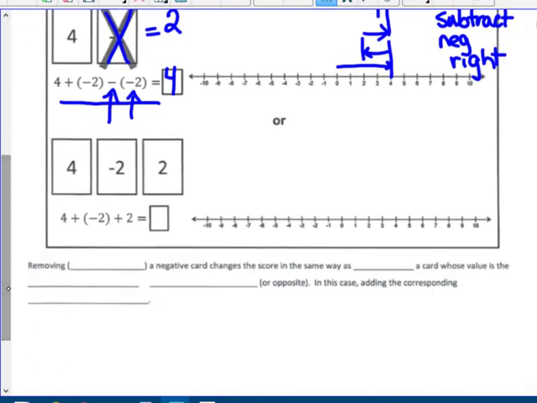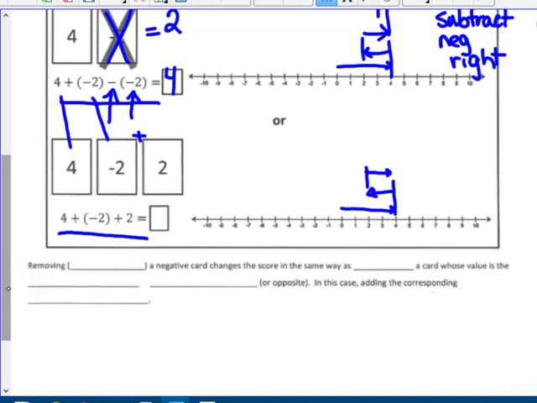Or you start with a 4 and negative 2. Your hand is worth 2. You pick up and add a positive 2. So this is different, 4 and negative 2, but now I'm picking up and adding, not subtracting, I'm adding a positive 2. Okay, well, let's see what this expression looks like. I start with 4, I add a negative, which means I go left, and then I add a positive 2.